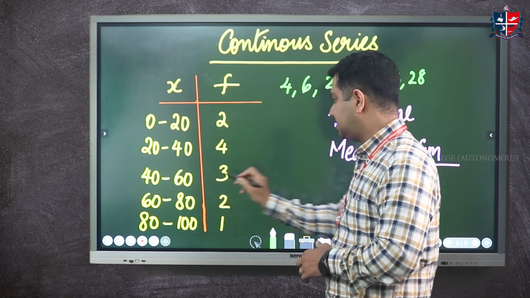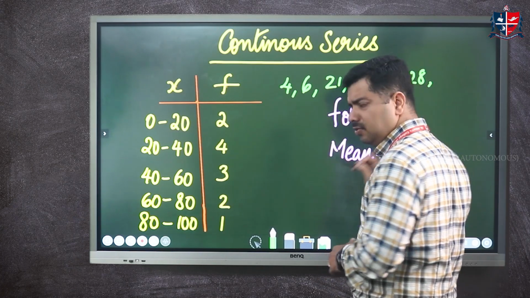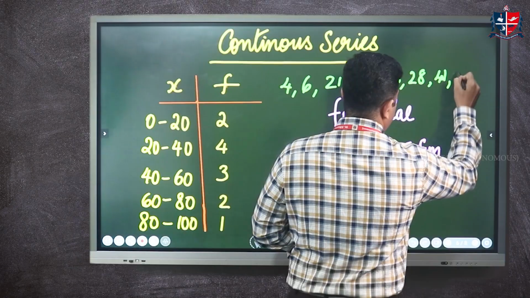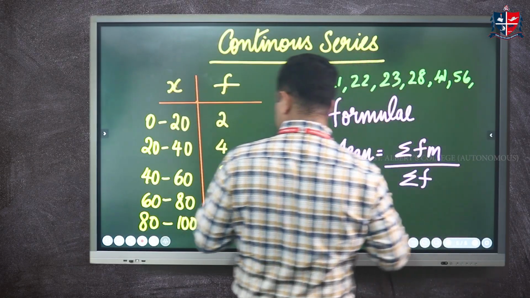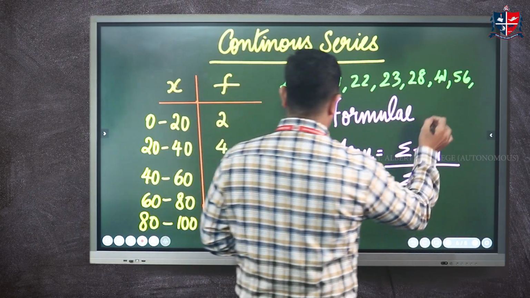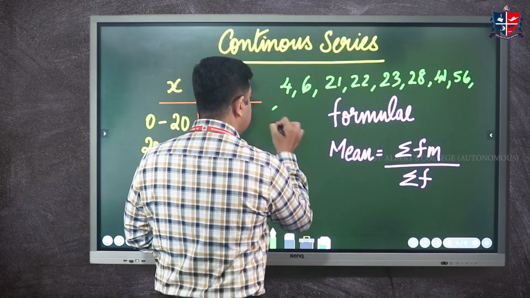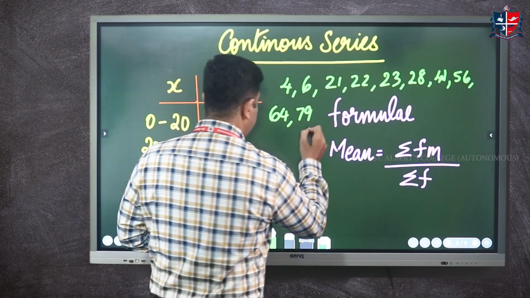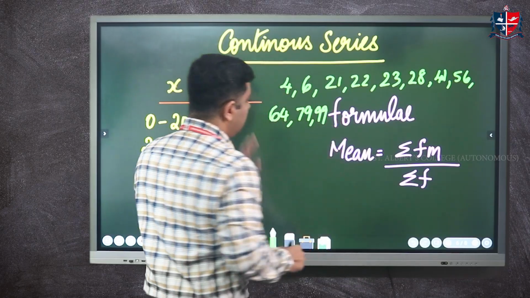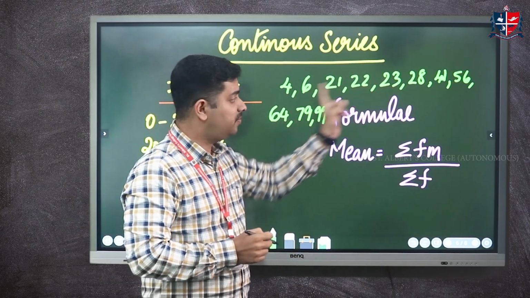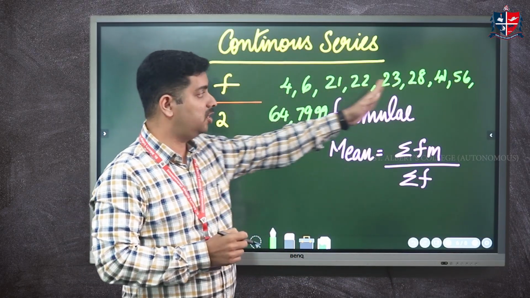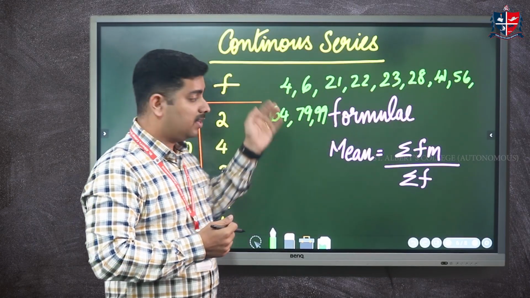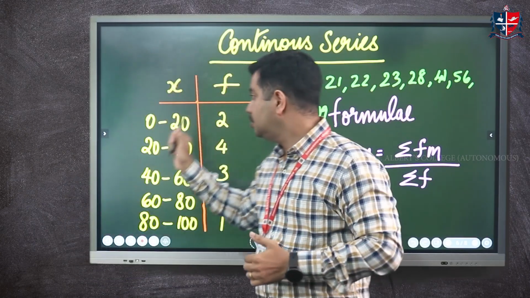Then 40 to 60 there are 3, so put any numbers between 40 to 60, like 41, 56. Then 60 to 80 there are 2, so put any two numbers, 64, 79. And 80 to 100 there is 1, 99. Now if you are given this kind of series, where 4, 6, 21, 22, this is what is known as an individual series. Now I am converting this into a continuous series.